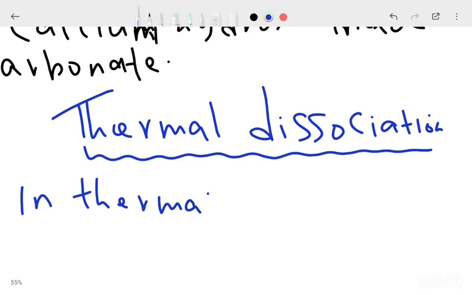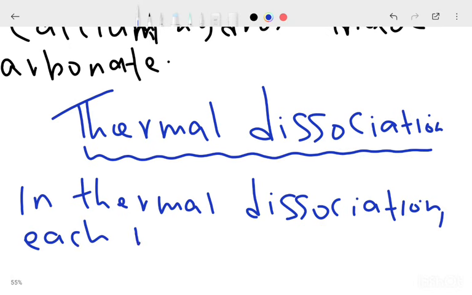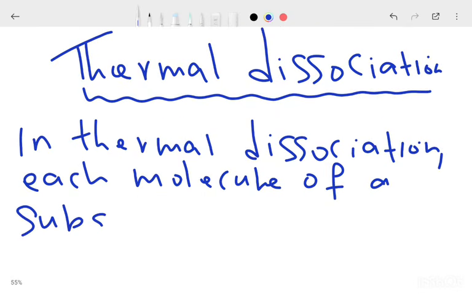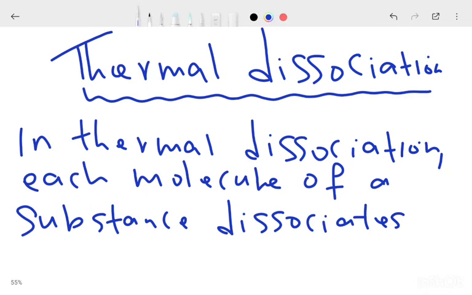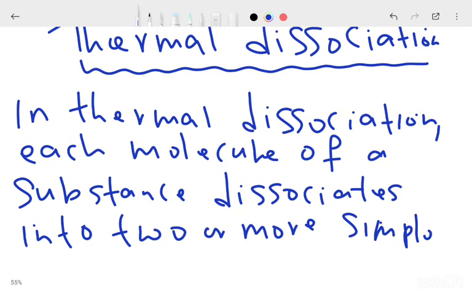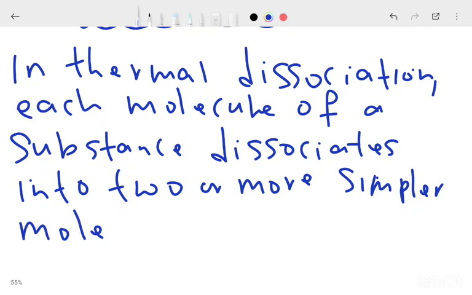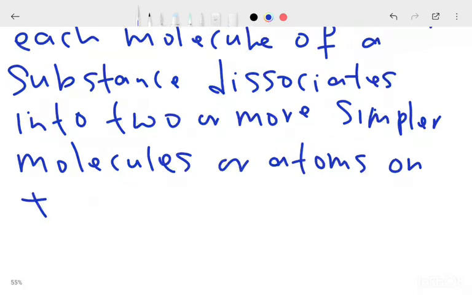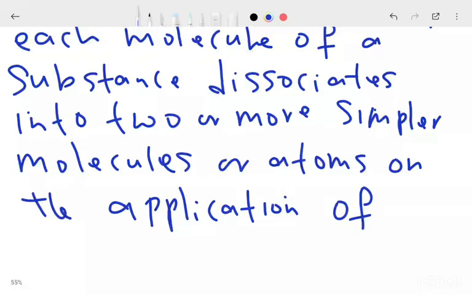In thermal dissociation, each molecule of a substance dissociates into two or more simpler molecules or atoms on the application of heat.